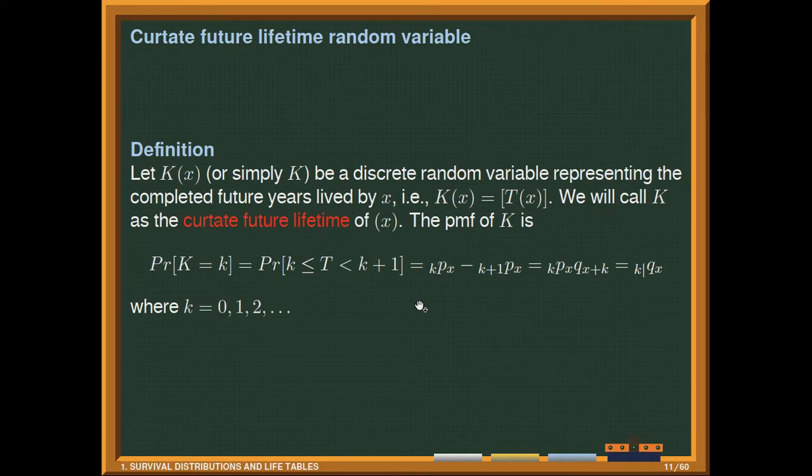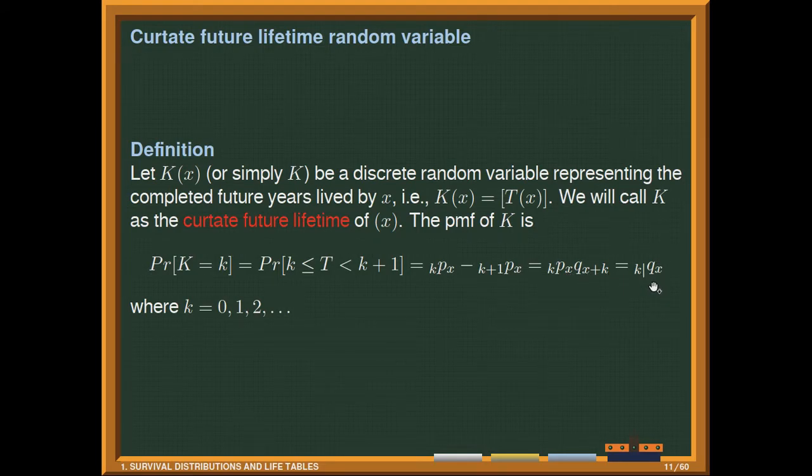In terms of the survival function of T, that would be kpx minus k plus 1 px, which is equal to this: the probability that a person age x will survive for k years times the probability that a person age x plus k will die within the next year.